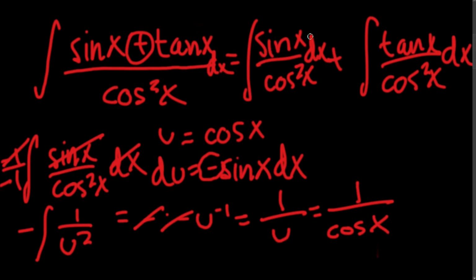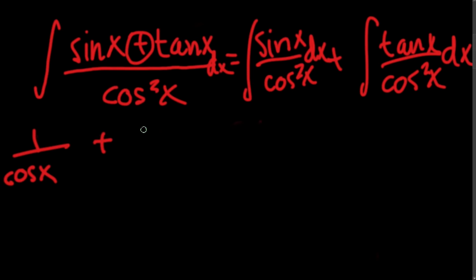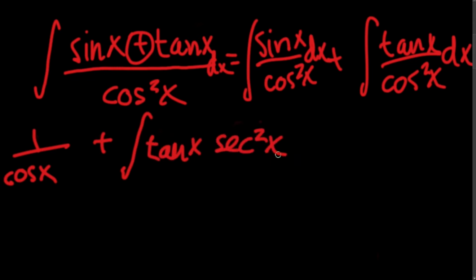Now we're going to do the second integral. Now this integral stands out to me. I see 1 over cosine squared x, and we know that 1 over cosine is just secant x, so 1 over cosine squared x is going to be secant squared x. So this second integral can be rewritten as tan x secant squared x dx. And if we do u substitution, this is a very, very common u substitution.